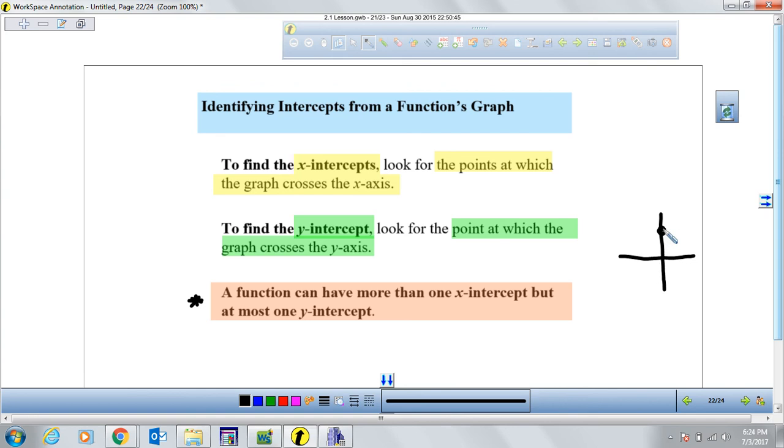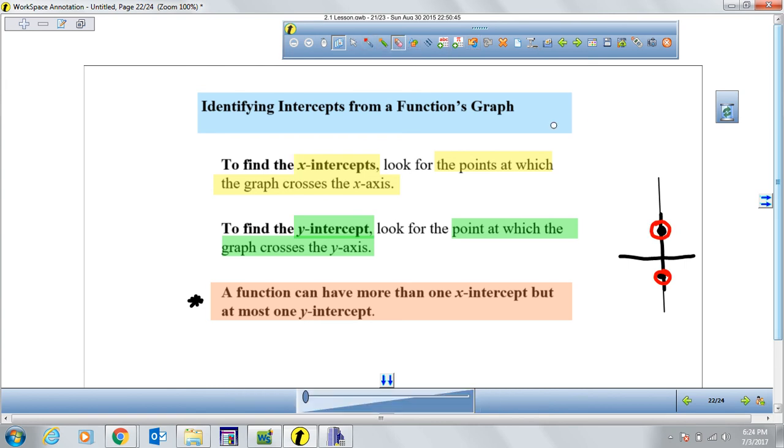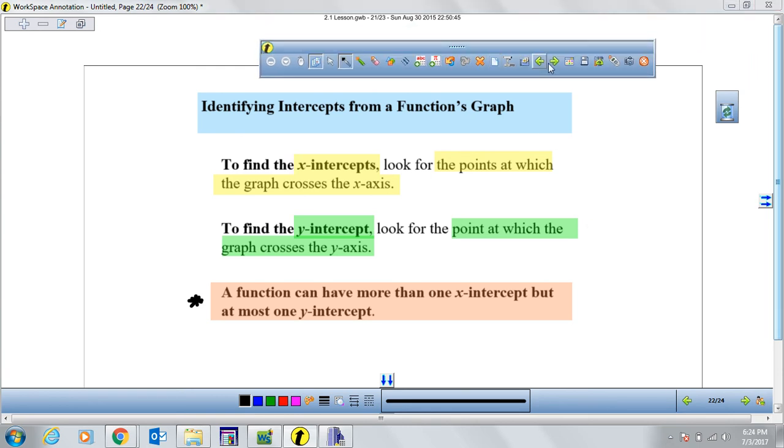If we have, let's say, a function with one y-intercept here and another one here, the vertical line test fails, because if I do a vertical line, then you will see that the line intersects the graph at 2 points. Okay, so that tells you that the same value of x has two different values of y. So keep in mind that for any function, there is only one y-intercept at the most, and it can have one x-intercept or more. There is no limit on the number of x-intercepts in a function.